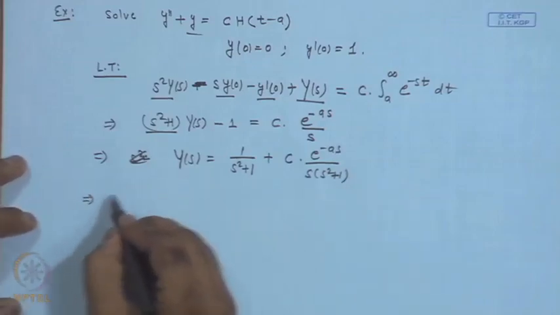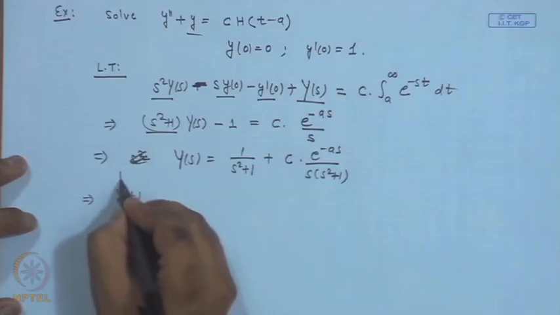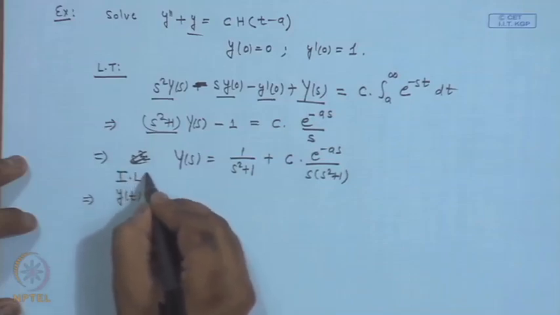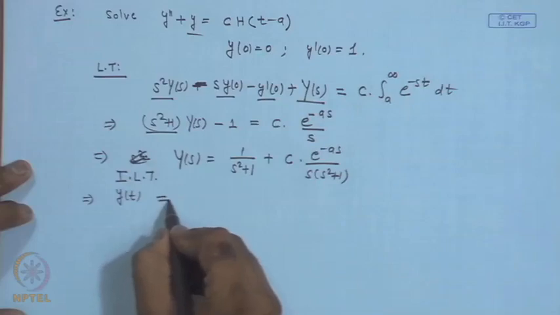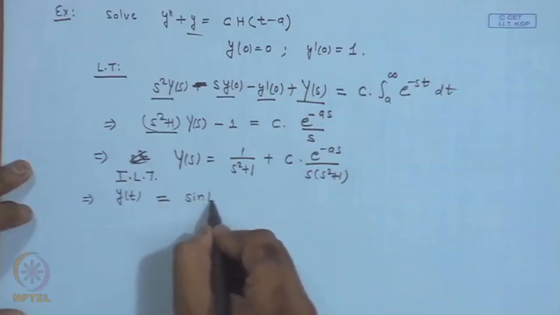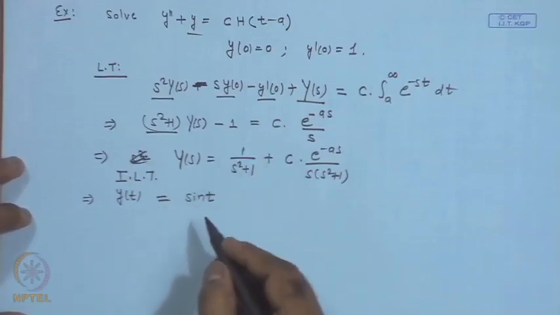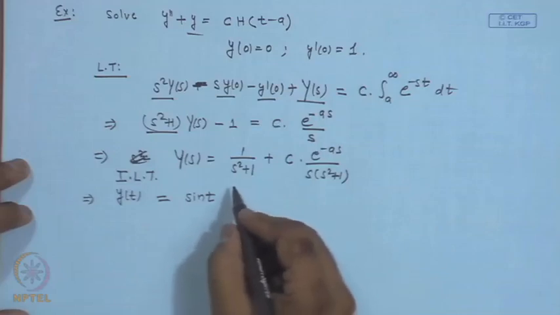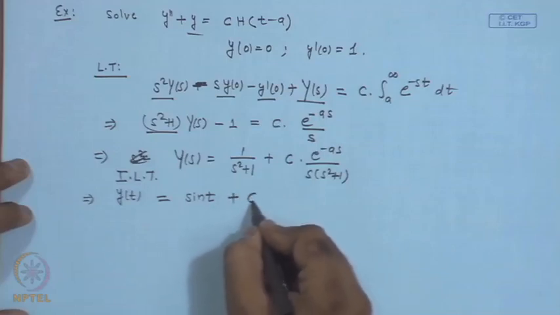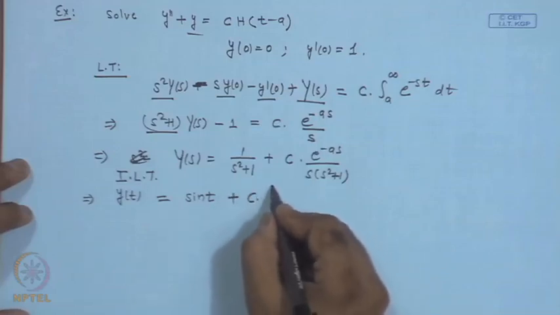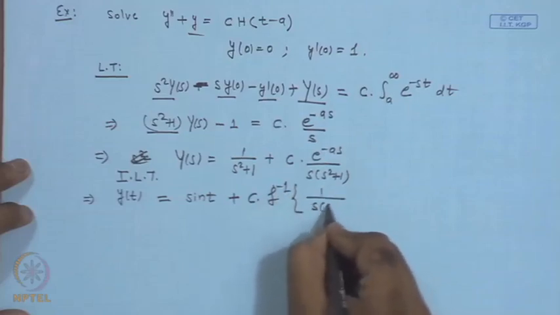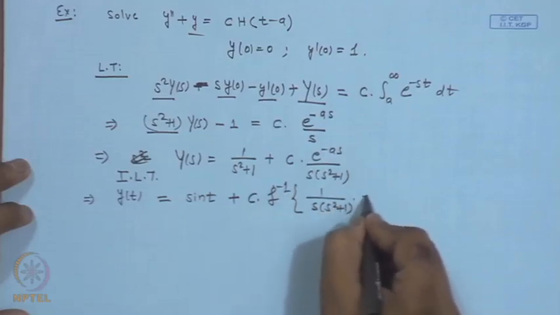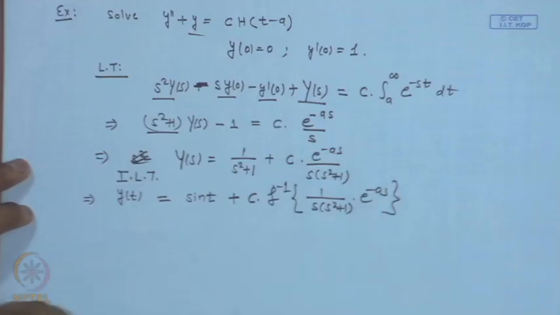And now the last step, we need to take the inverse Laplace transform. That will give us y(t) equals sin t, the Laplace inverse of 1 over s square plus 1, and then we have a constant term c times the Laplace inverse of 1 over s(s square plus 1) times e power minus a s.